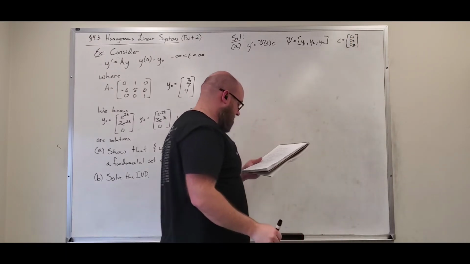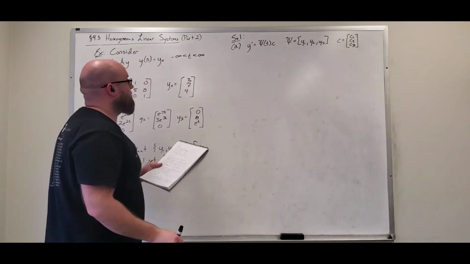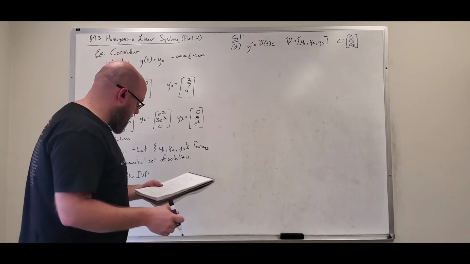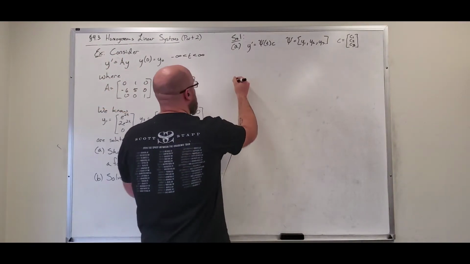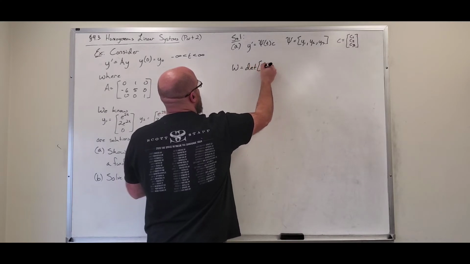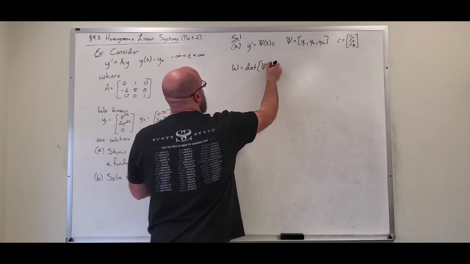Okay, so that means we need to look at the determinant. So this is calling in theorem 4.3. Okay, the Wronskian, which is equal to the determinant of psi of t.